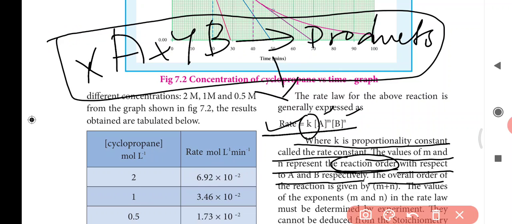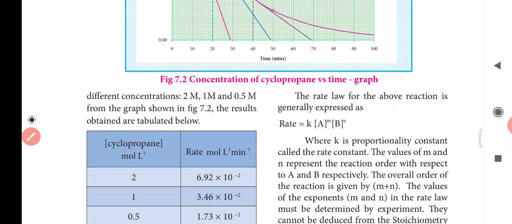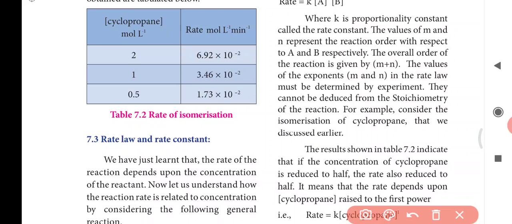So the overall order of the reaction is m plus n. The values of the exponents m and n in the rate law must be determined only by experiment. They cannot be deduced from the stoichiometry of the reaction.